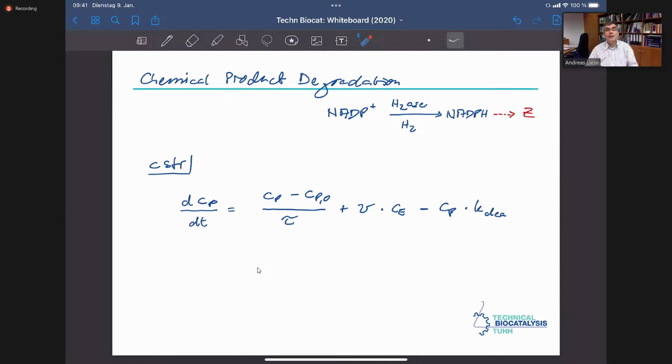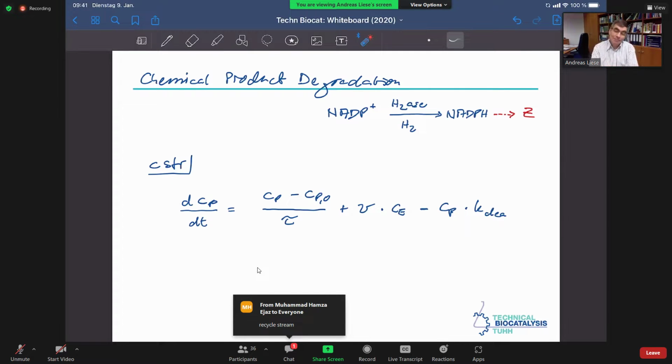Why should we have product at time point 0? Does anyone have an idea? You can alternatively also write into the chat or open up your microphone as you like to. Nah, you're hesitating. No idea.